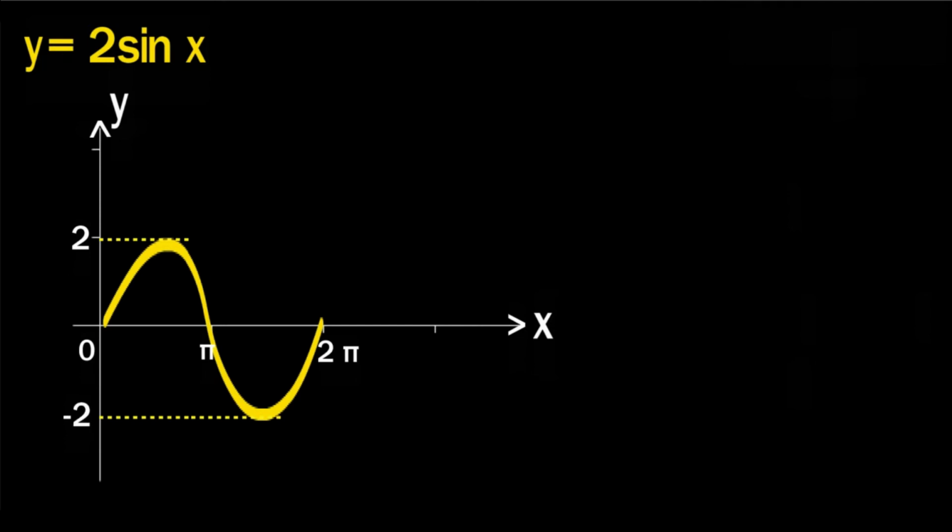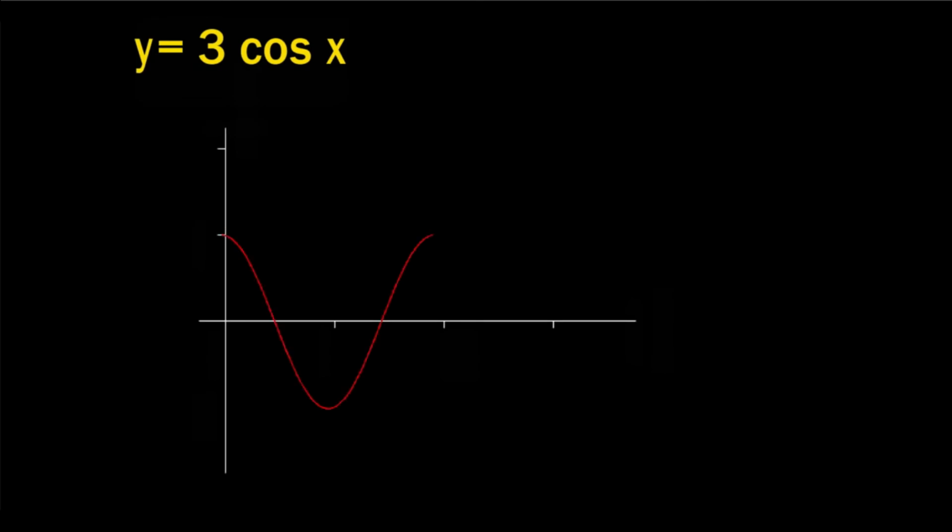So let's try one more example with cosine. Let's say we have y equal to 3 cosine x. Just now we drew the graph for cosine, it looks like this. So we have x-axis and y-axis, and we have 0, we have 2 pi, we have pi.